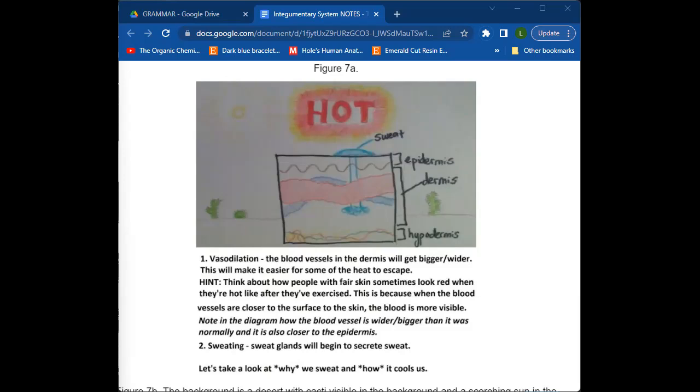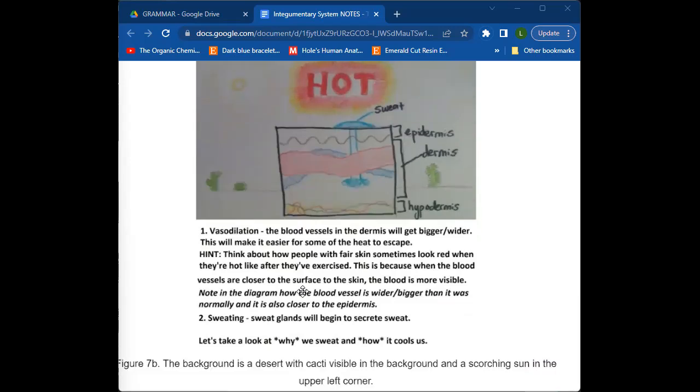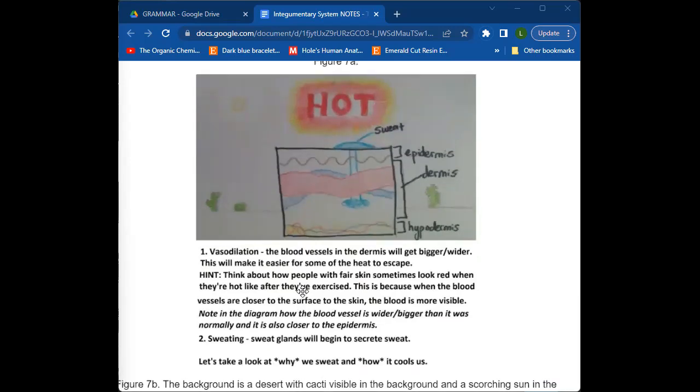When the blood vessels are closer to the surface of the skin, they're more visible, which is going to make the skin look more reddish.